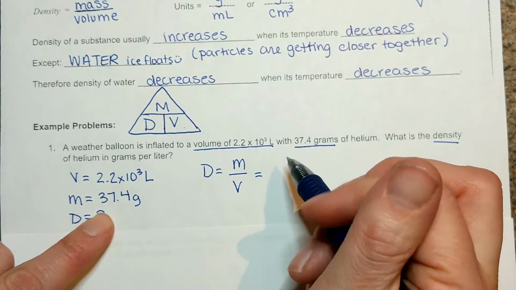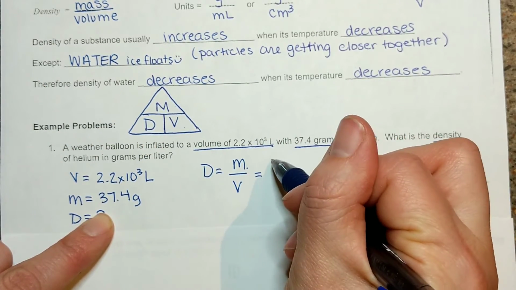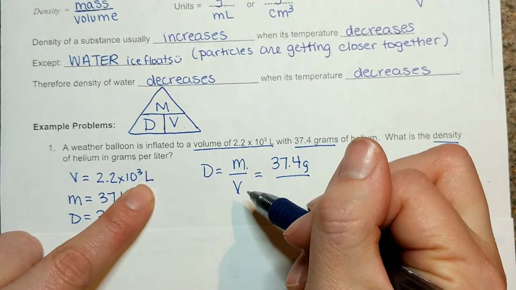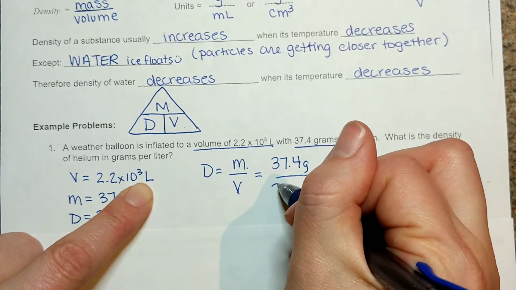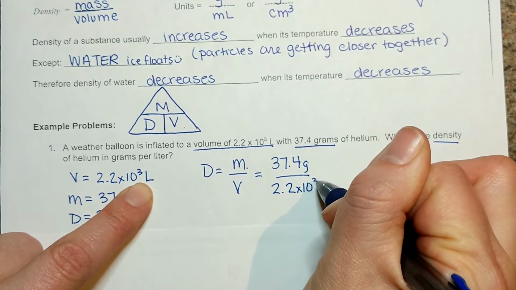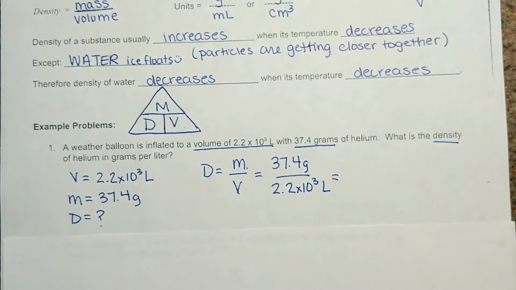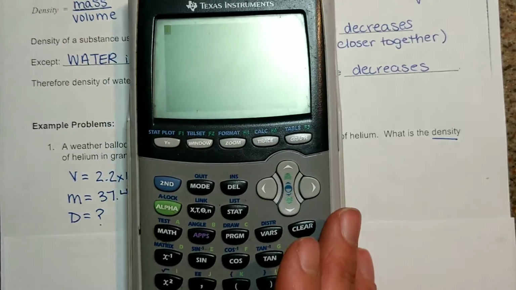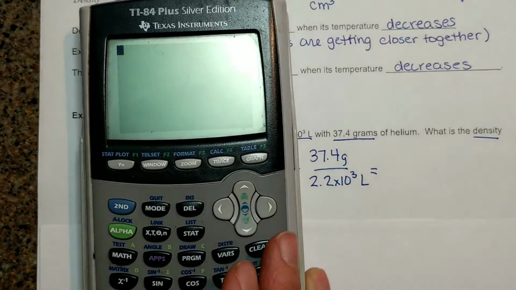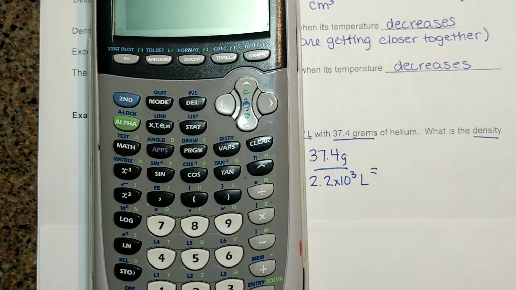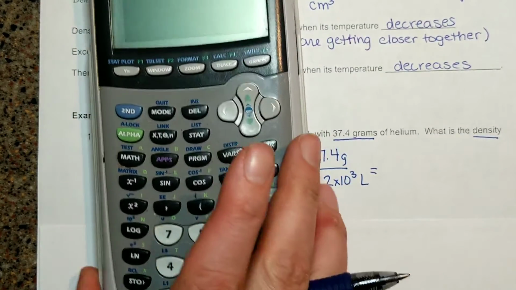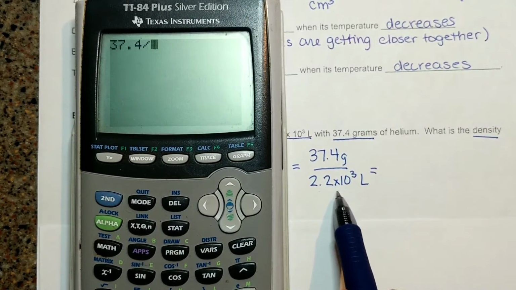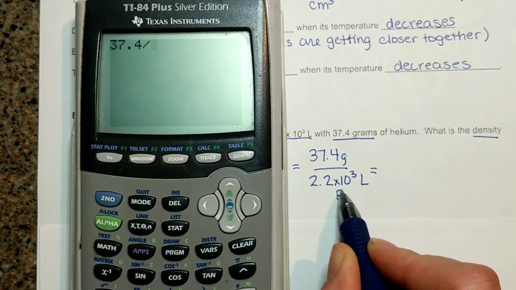I know my mass is 37.4 grams, so I plug that in for m. And I know my volume is 2.2 times 10 to the third, and that's in liters. So on my calculator, I'm going to type in 37.4 divided by my 2.2 times 10 to the third, and I'm going to use this E button for this.